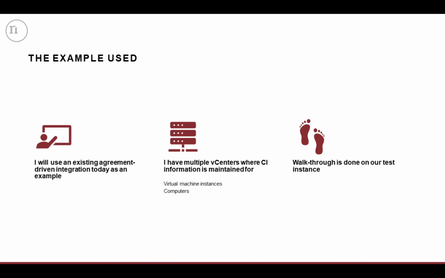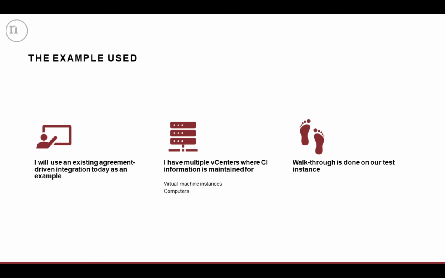The example I'm going to use today to demonstrate this walkthrough is an existing agreement-driven integration. And we actually have one managed data repository, but multiple agreements for that repository, because it's our virtual machine center, vCenters, where CI information is maintained for both virtual machine instances as well as computers. And you might say, why computers?